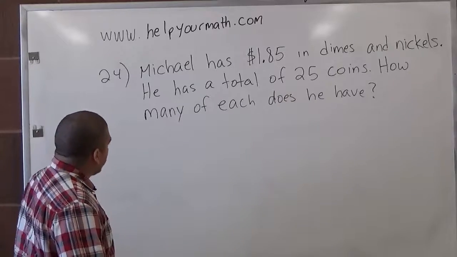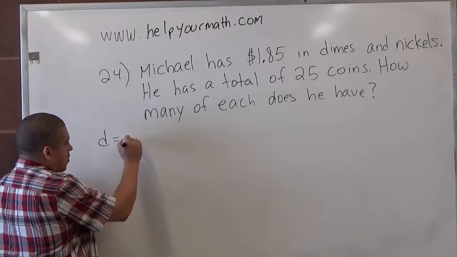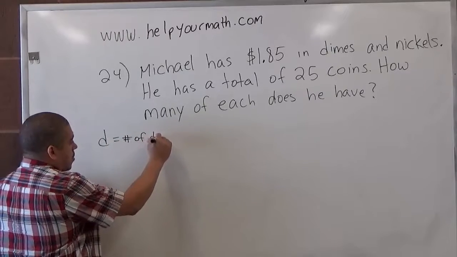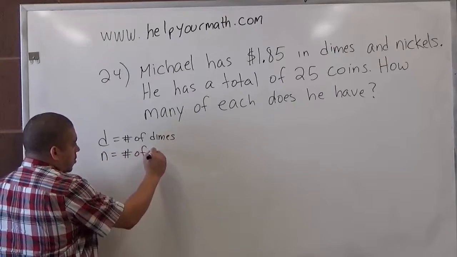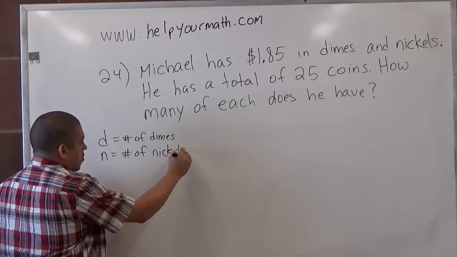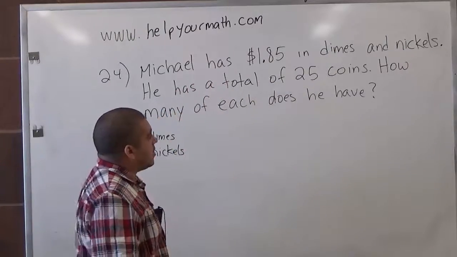So we're going to let D equal the number of dimes, and we're going to let N equal the number of nickels. Okay, so we know that he has $1.85 in dimes and nickels.